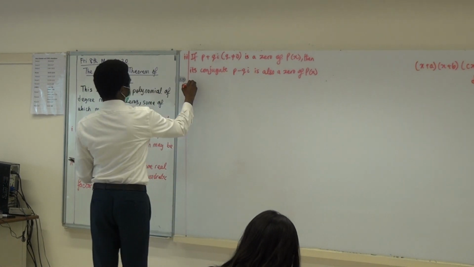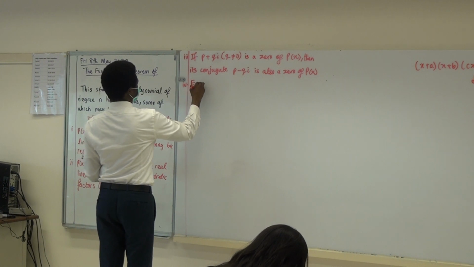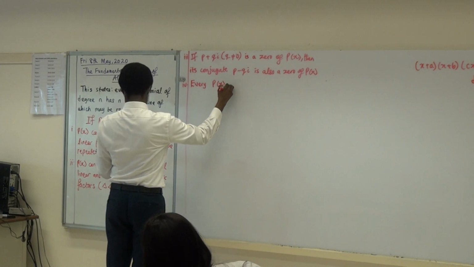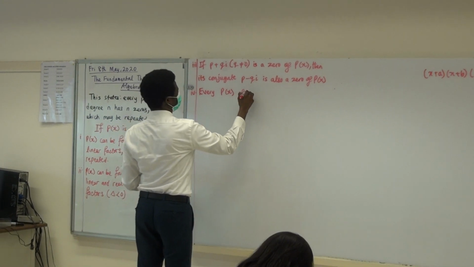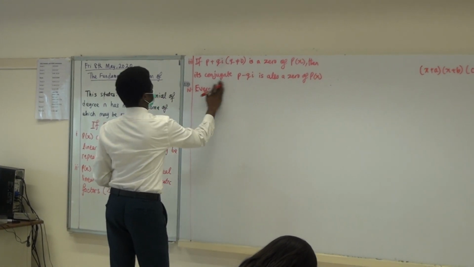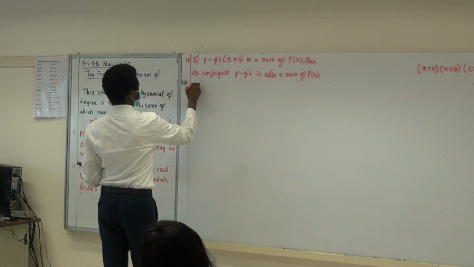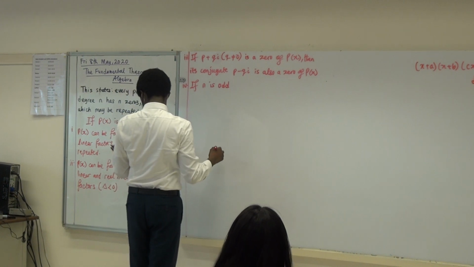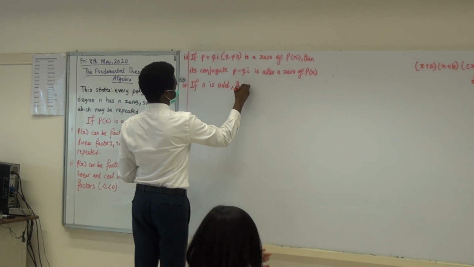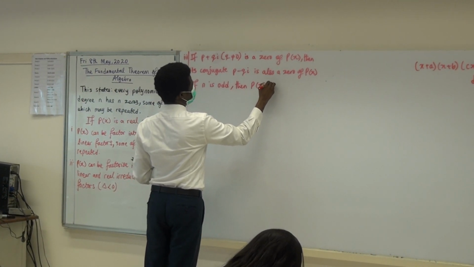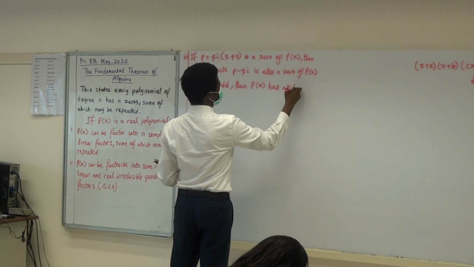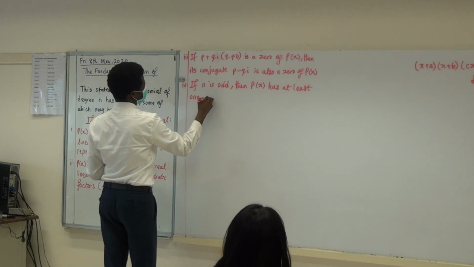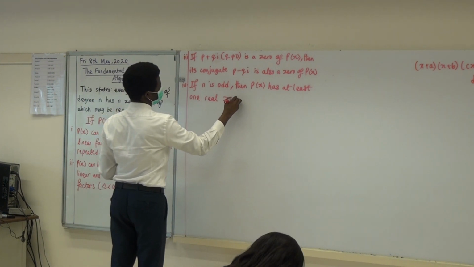This in particular we are going to apply in various questions today. Finally, if n is odd, remember n is the degree, okay? If n is odd, then P of x has at least one real zero.